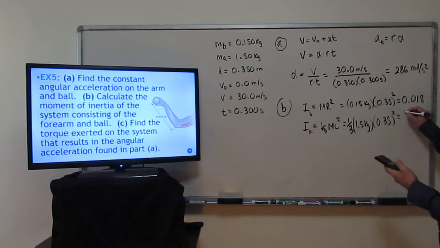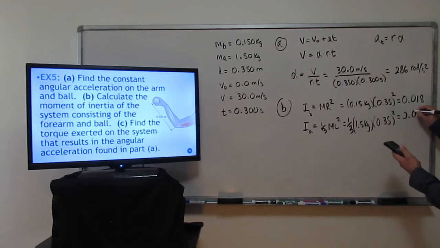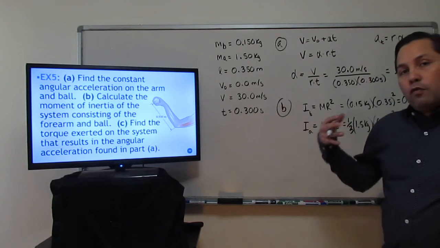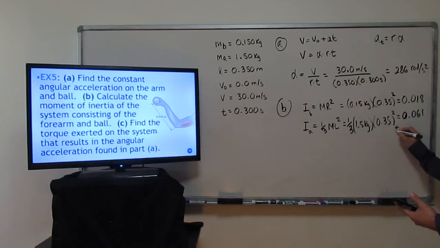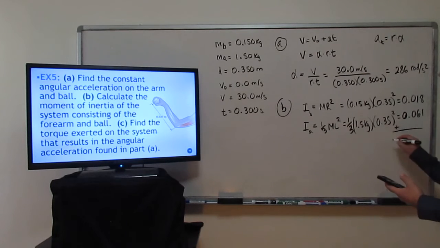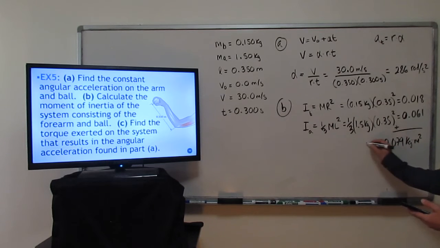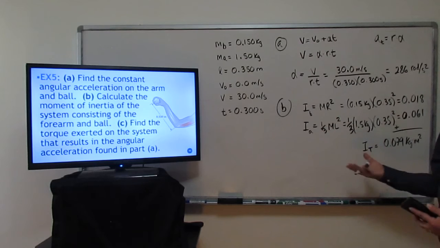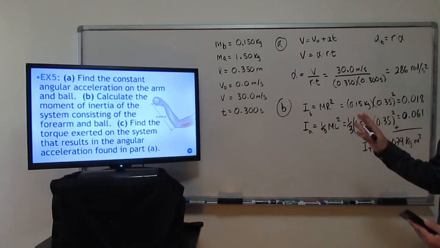It gives us 0.061. So now we want the total moment of inertia for the whole forearm and ball system. We add them up, and it gives us 0.079 kilograms times meters squared. That is the total moment of inertia for the ball and the forearm put together. That takes care of part B.